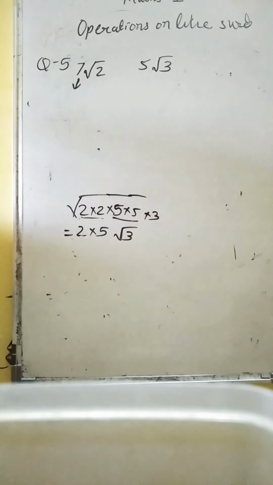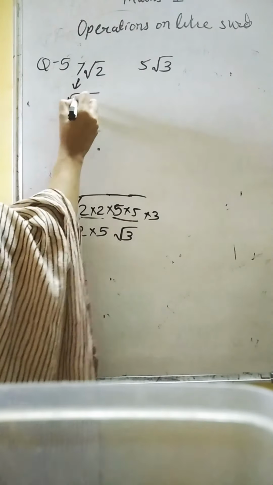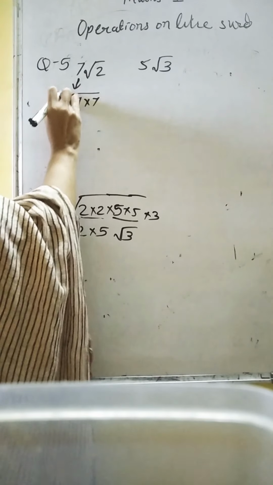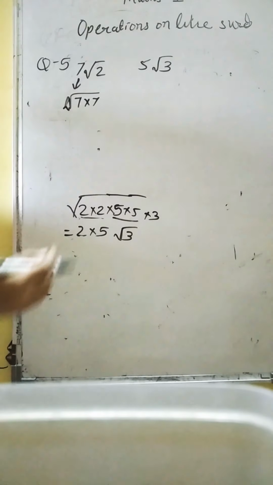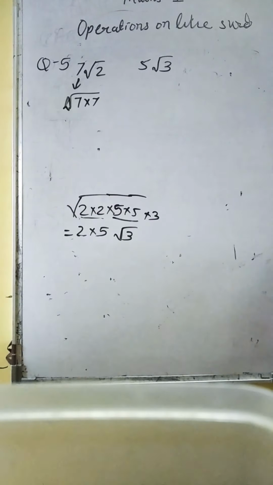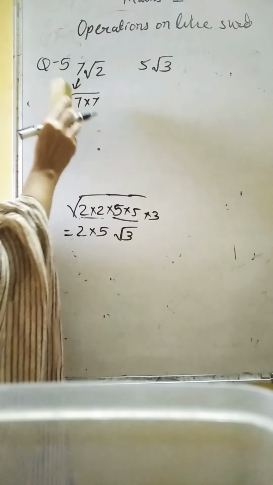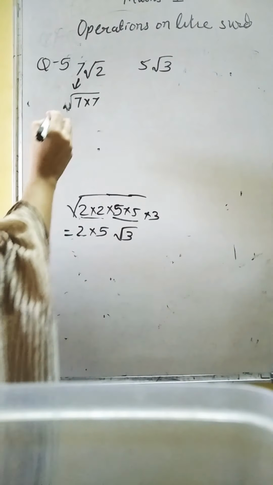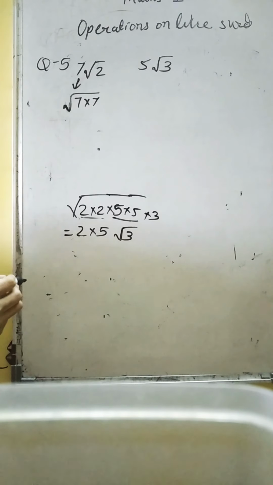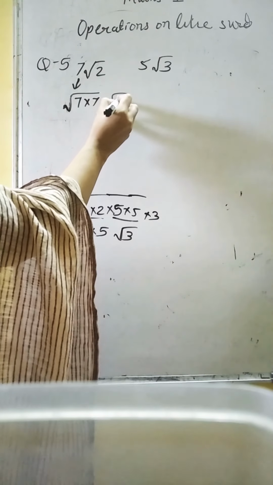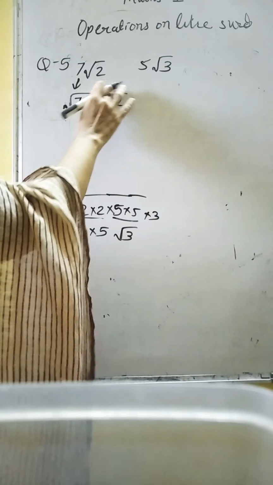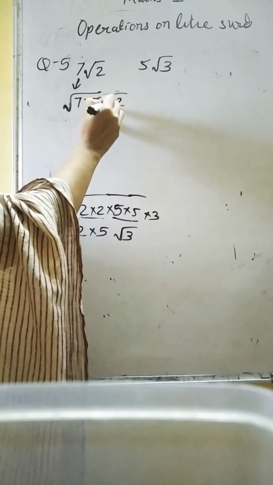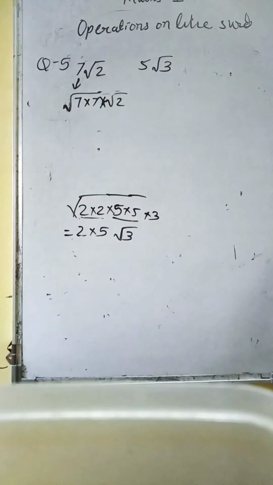So ये 7 को अगर रेडिकल साइन में जाना तो वो क्या बन जाएगा, correct, you will have here 7 into 7 और ये root 2 तो है ही, okay, that is there, no problem. So you have 7 into 7 plus root 2.